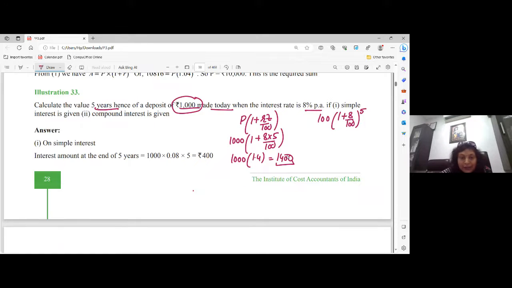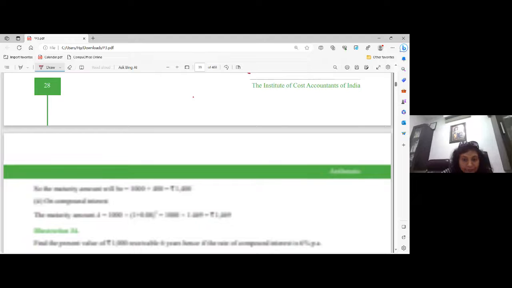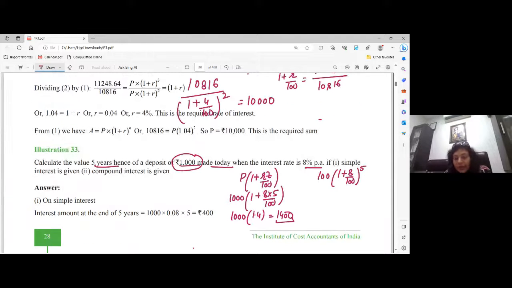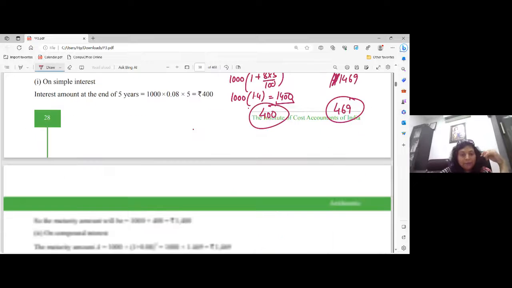That means the amount is 1,469. So 1,000 becomes 1,469. In simple interest we are getting 400, and in compound interest we are getting 469.